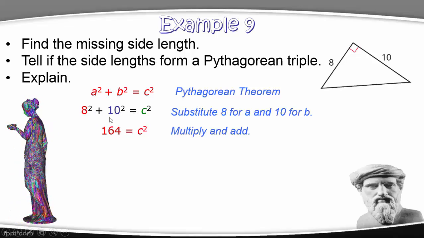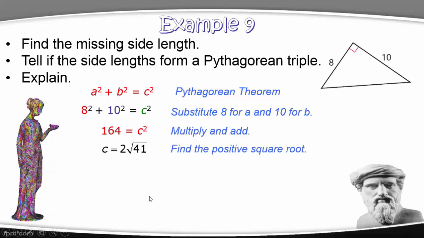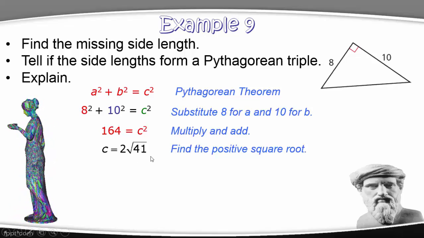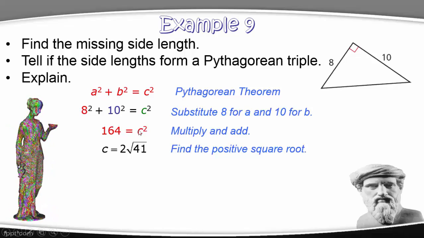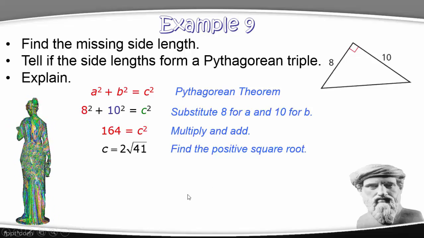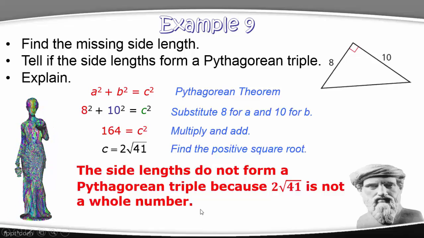So 100 plus 64 gives me 164, and then I take the square root of both sides and simplify. It turns out I can't simplify any further. So just like in number 8, we have a square root here. This is not a whole number, so therefore this cannot be a Pythagorean triple.